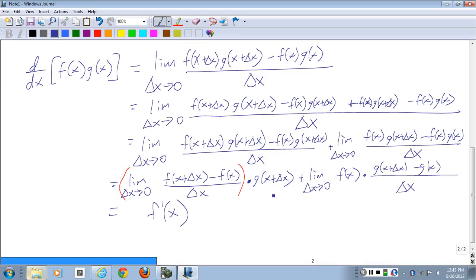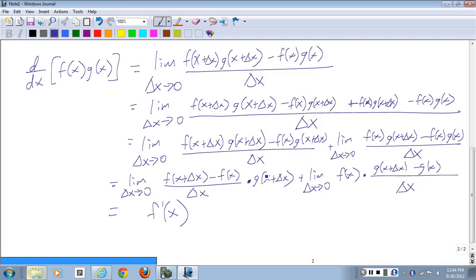Now, this limit, to save a little bit of space and definitely to save some time, because this gets wearisome really fast. The limit of a product equals a product of the limits. So as delta x approaches 0, because g is continuous, how do I know g is continuous?